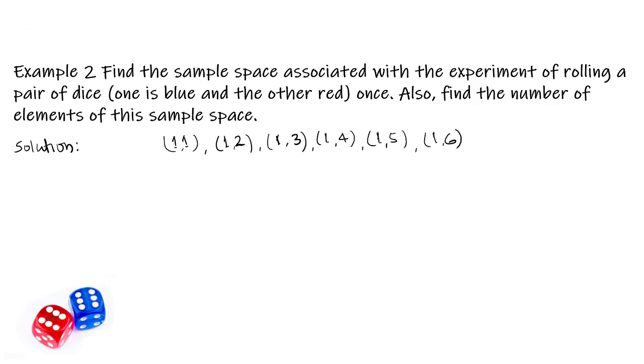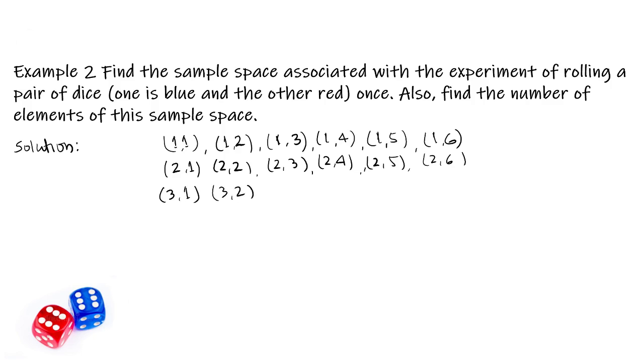Similarly, when the blue die shows 2 and the red die shows 1, then it will be (2,1), and we can go like this. So I write all these elements: (2,2), (2,3), (2,4), (2,5), (2,6), (3,1), (3,2), (3,3), (3,4), (3,5), (3,6).